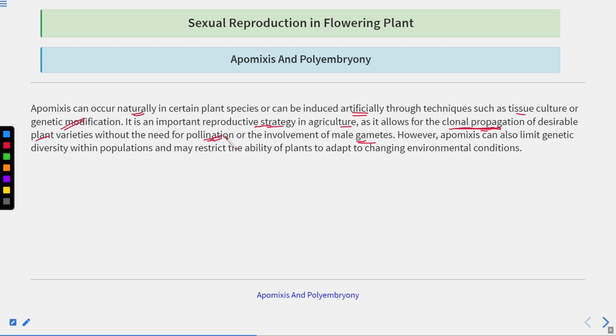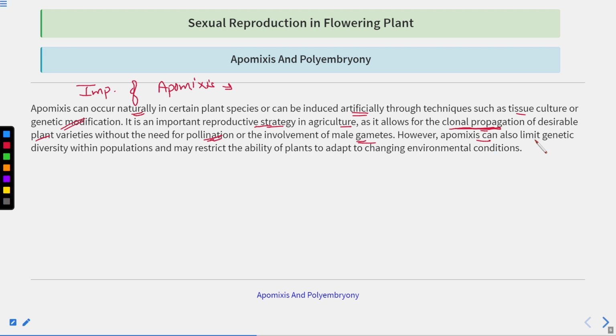So there is no need of pollination here, and there is no need of male gametes, because the pollens form the male gamete. Pollen itself is known as the male gametophyte. So this is the importance of apomixis. Apomixis can be induced artificially also, and it can be used in the clonal propagation of the desired varieties.